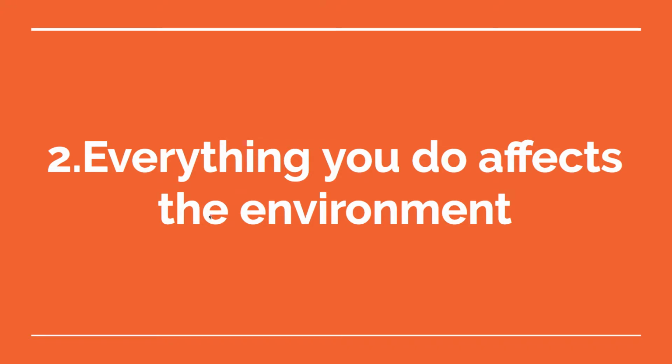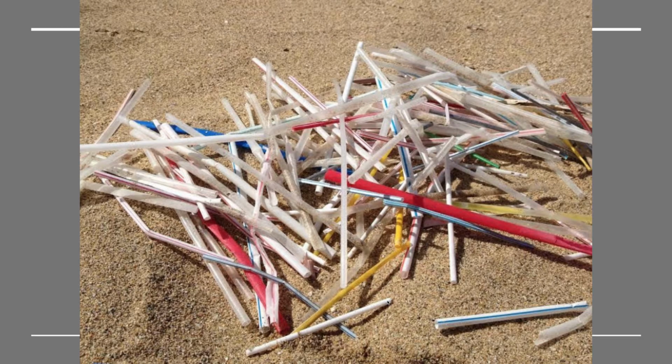Number 2. Everything you do affects the environment, mostly in a bad way. So the whole idea is to reduce our impact on the environment because basically everything we do hurts the environment. For example, right now in the news there's a lot about plastic straws.